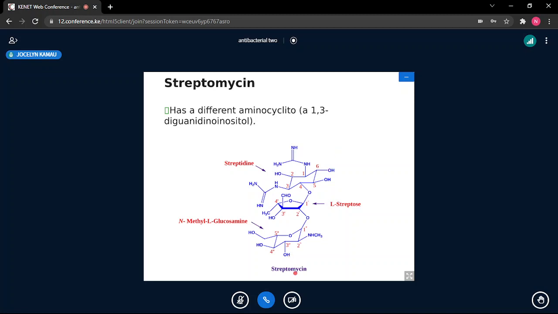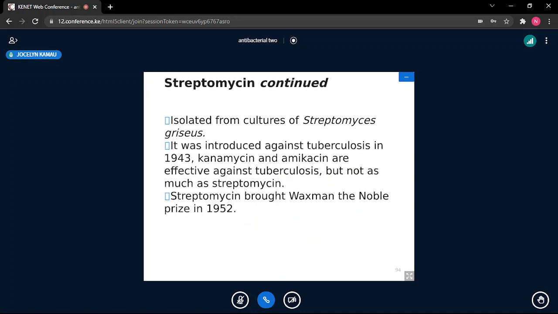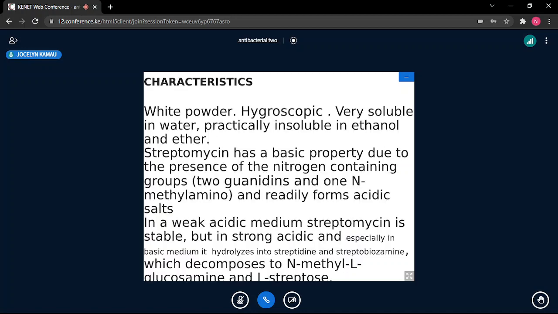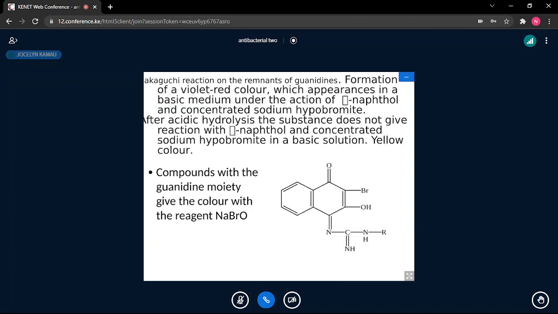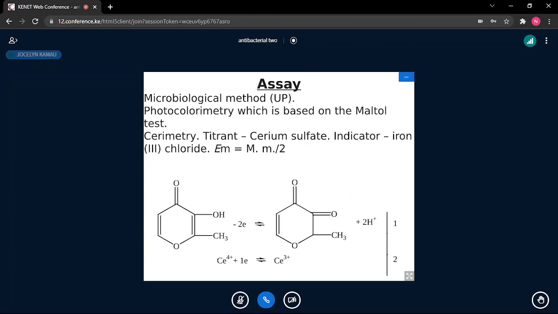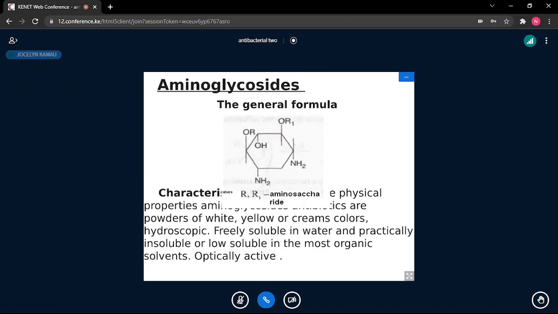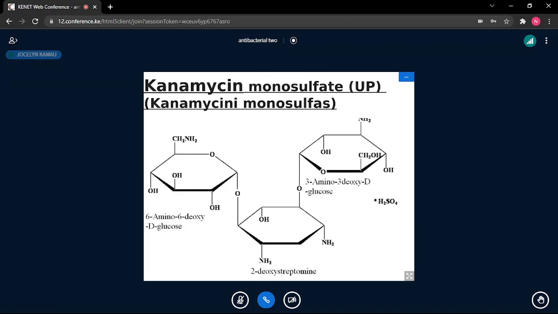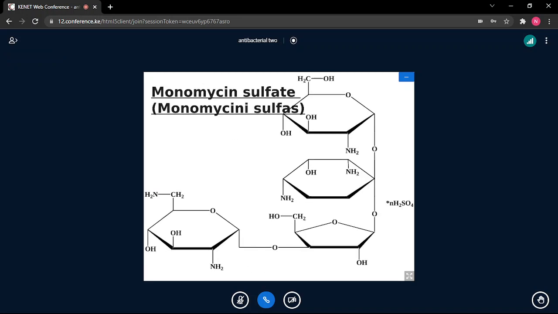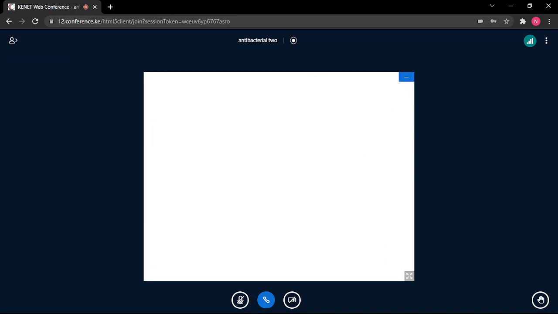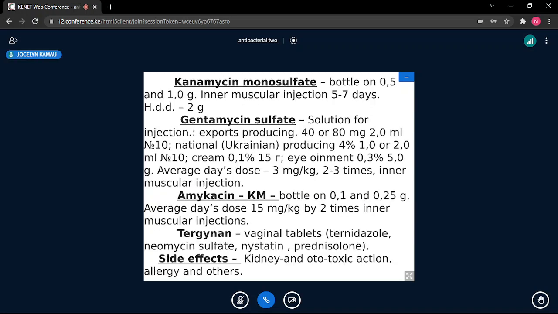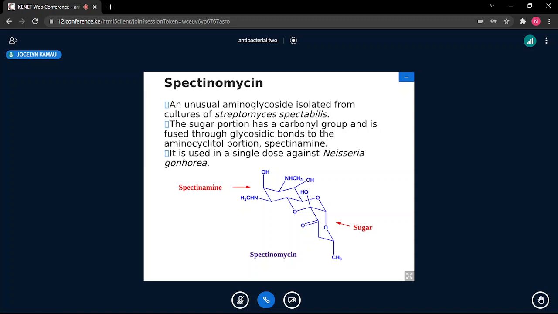The final molecule which has some structural difference, I was thinking I have it. Spectinomycin. I'm looking for spectinomycin.